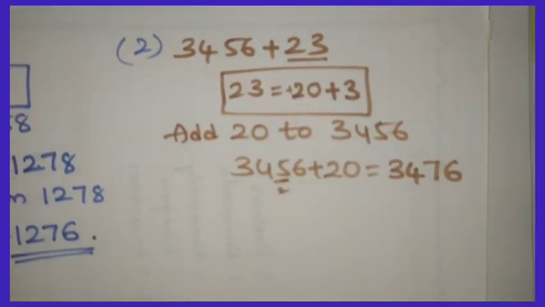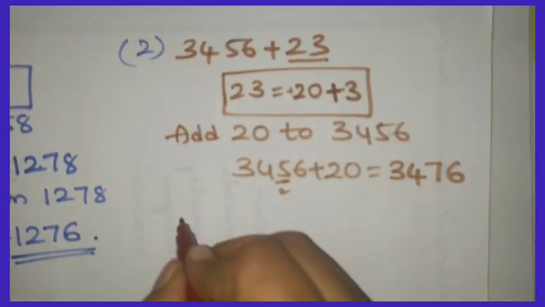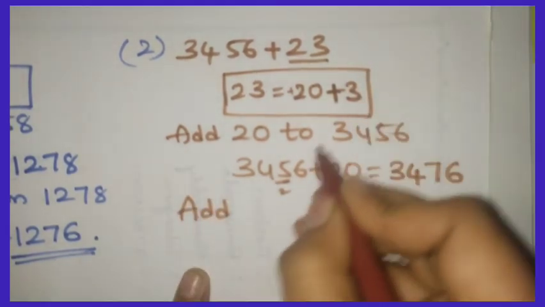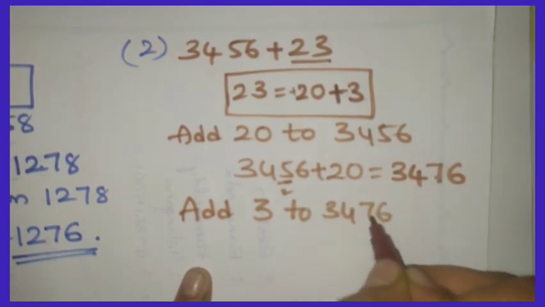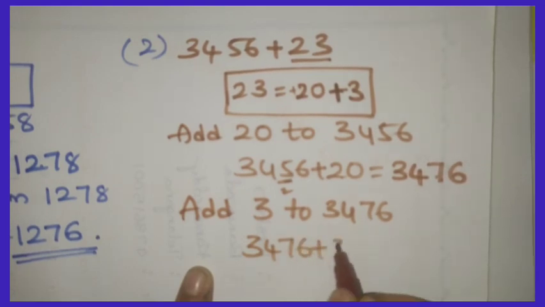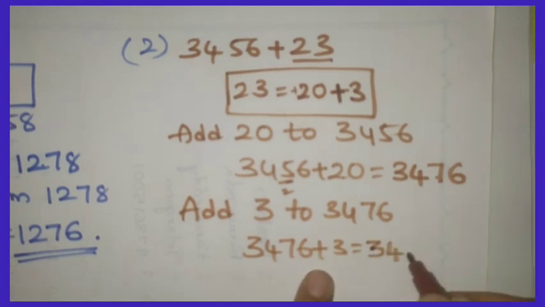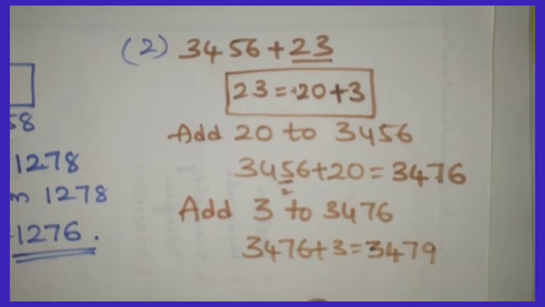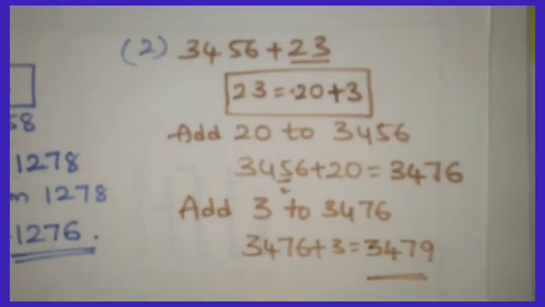Next, is addition there or subtraction? Addition, so again add 3 to this number. 3476 plus 3 equals 3477, 3478, 3479. 3479 is the final answer.